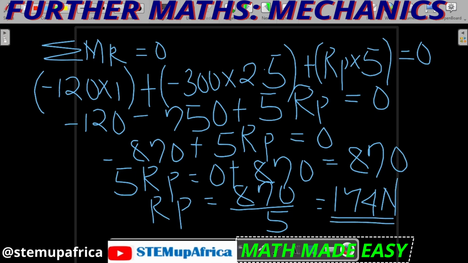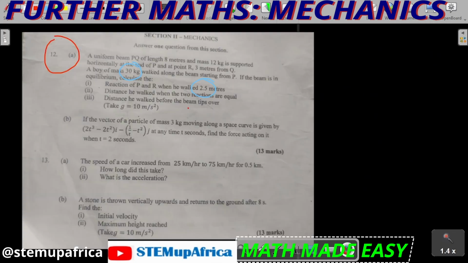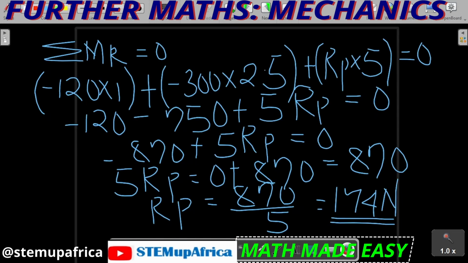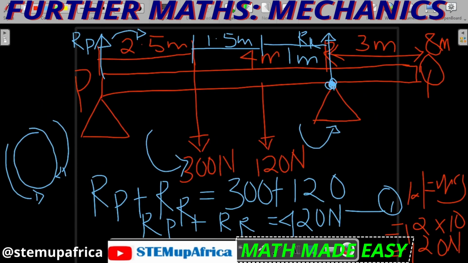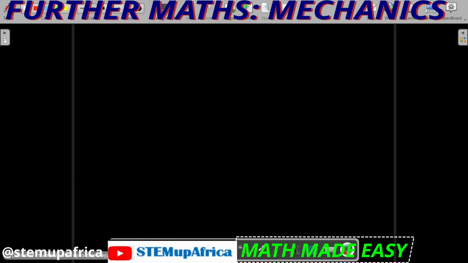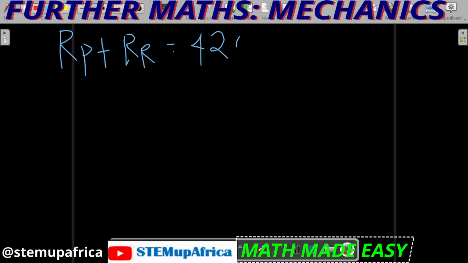So we are also asked to find the reaction at Q. Let's go back to our first statement. From equation 1, we have that RP plus RR is 420. Let's recall that expression for us to find our RR. RP plus RR is simply 420 Newton. We've gotten our RP as 174.